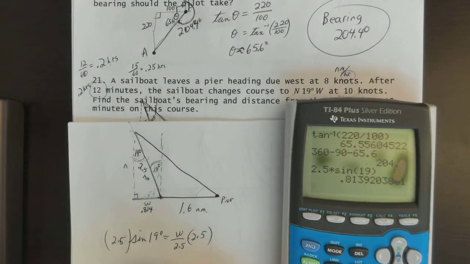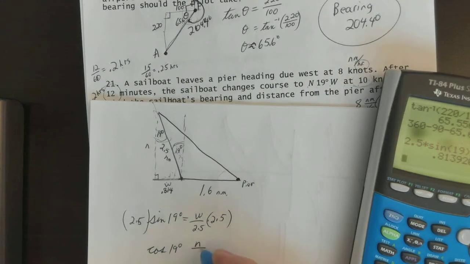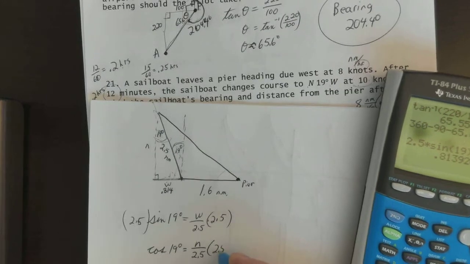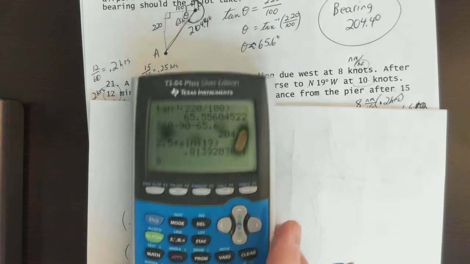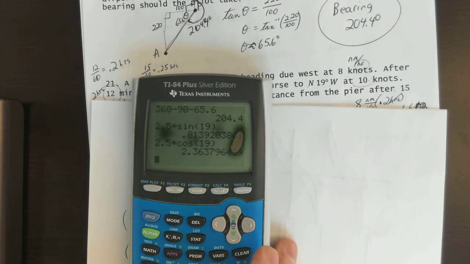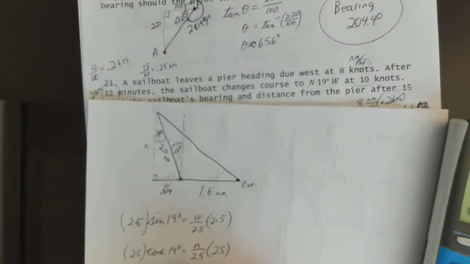And then adjacent, so let's use cosine. Cosine of 19 degrees is the north distance over 2.5, the hypotenuse. Multiply by 2.5 there, and 2.5 there, and 2.5 times cosine of 19, that's 2.364.